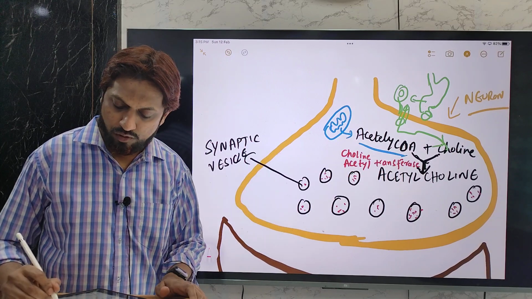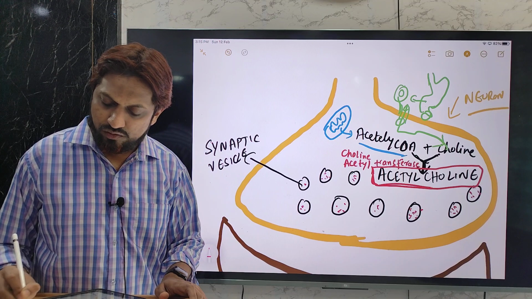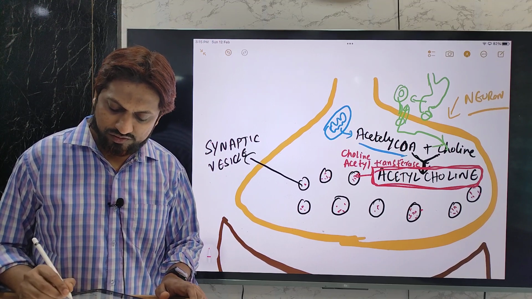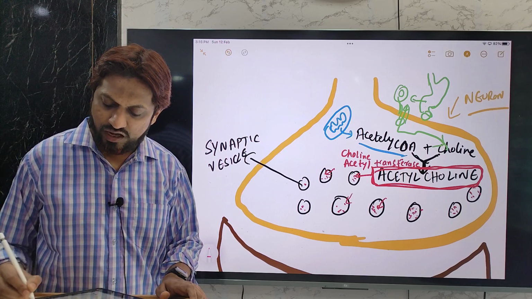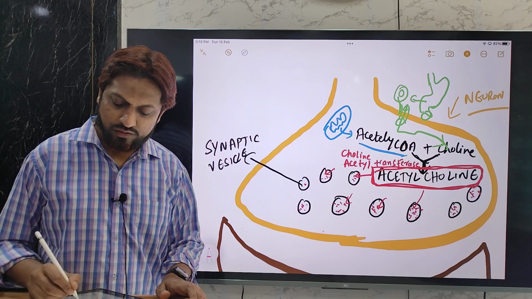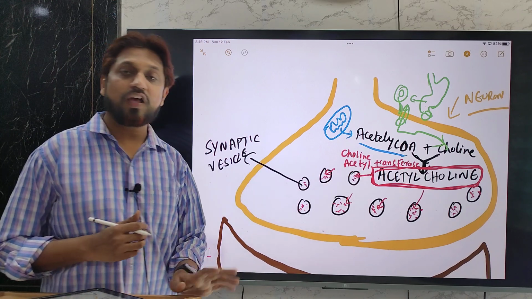This forms a very important neurotransmitter known as acetylcholine. Once acetylcholine is formed, it is rapidly transmitted into the synaptic vesicles, and as I already said, each synaptic vesicle has around 10,000 acetylcholine molecules. Now this is the general structure and formation of acetylcholine.